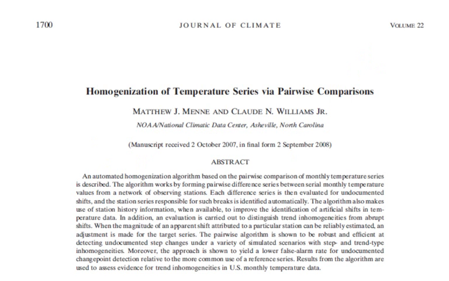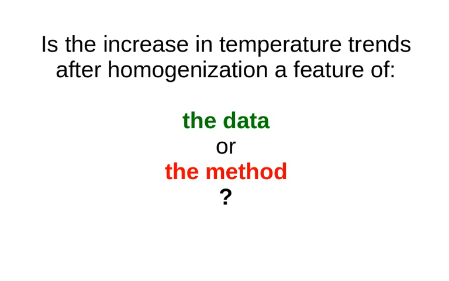Why does homogenization increase the trend in the global mean temperature? There are two possibilities. The first is that the data themselves contain evidence of inhomogeneities which require a downward correction to earlier temperature observations. The second is that the corrections are an artifact of the analysis method.